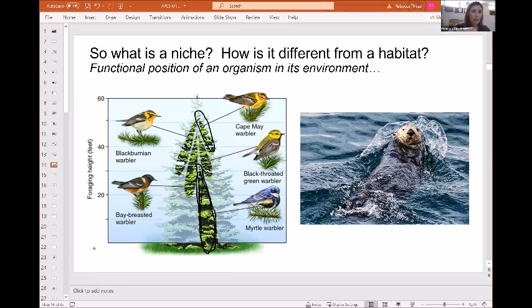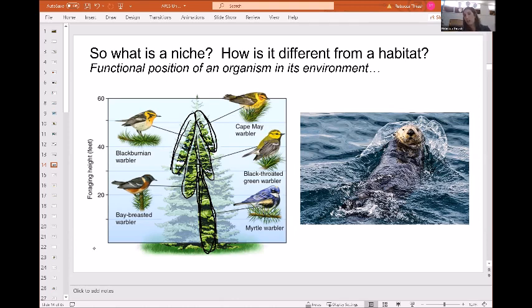These two are higher up, but they have slightly overlapping niches. And then these here are towards the middle of the tree on the interior. So what we normally see with a niche is that this allows multiple different organisms to be in the same habitat without having extreme competition over the same resources. More on that a little bit later.